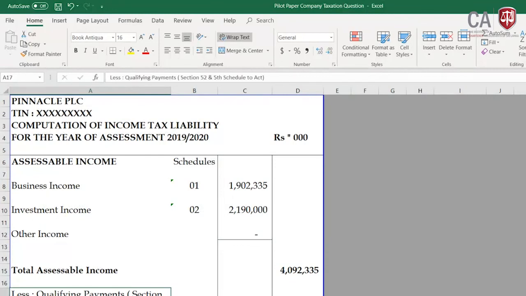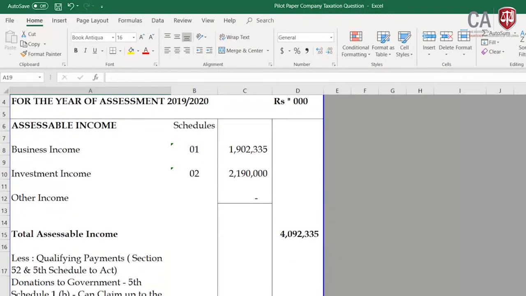In that taxable income computation, here less qualifying payments, section 52 and 5th schedule to the Act. In that, write this donation to government. You need not write the 5th schedule para 1B, can claim up to the assessable income.